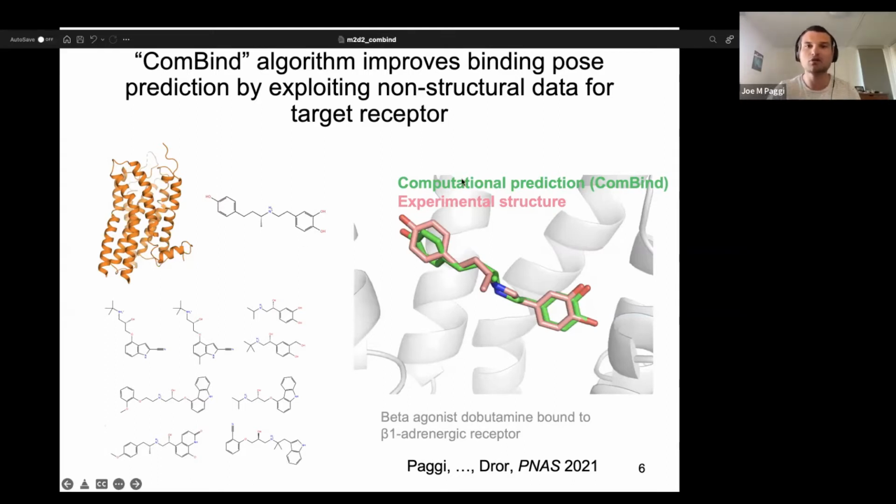And so we developed this method, which we call COMBINE, a bit of a pun, that works to make these predictions using all of this information together.